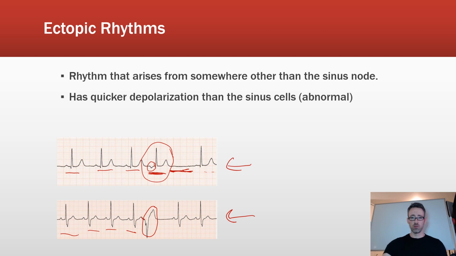And as I alluded to on the previous slide, if the ventricular myocyte fires off a beat beforehand and it's not following the normal conduction pathways, it gives you these wonky looking waves with QRSs that are wide. And so this QRS does not look like the rest of the QRSs. So this is an ectopic ventricular beat.